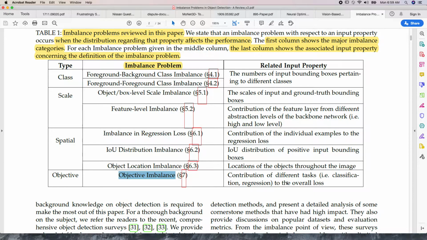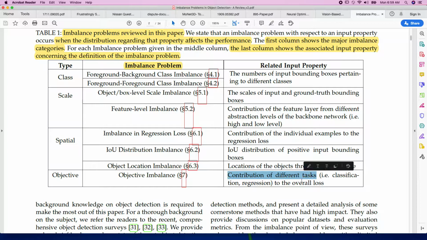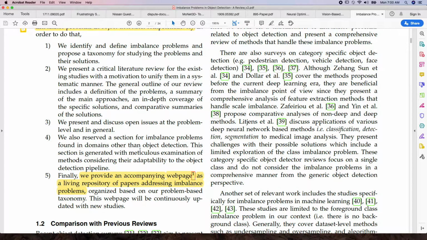As we'll see later on, the object detection task involves multi-task loss, so there are various components of the loss function that you need to optimize, and you might be biased based on your preference for that particular task. We'll soon see that. So the aim in the paper is to present and discuss the imbalance problem in object detection.